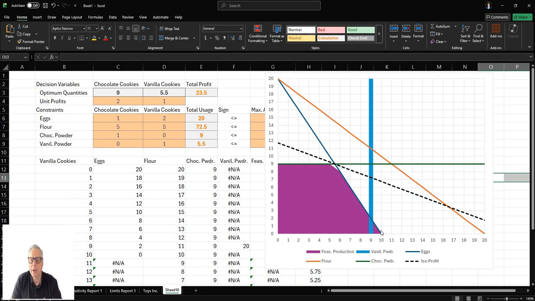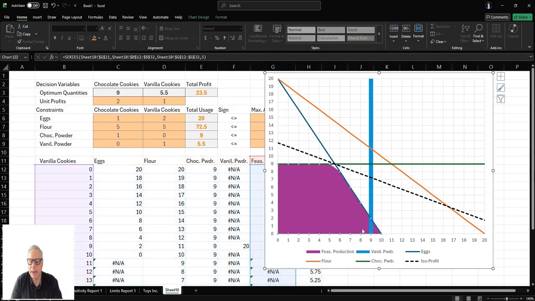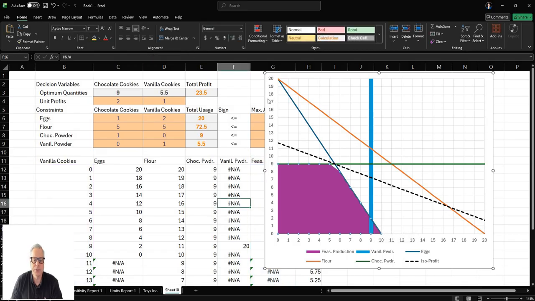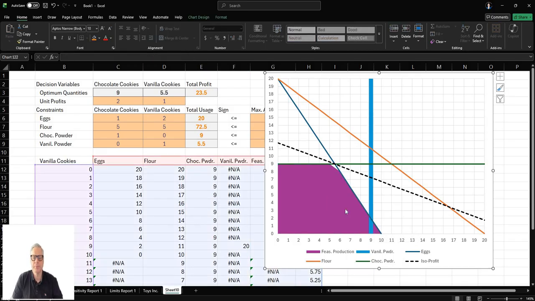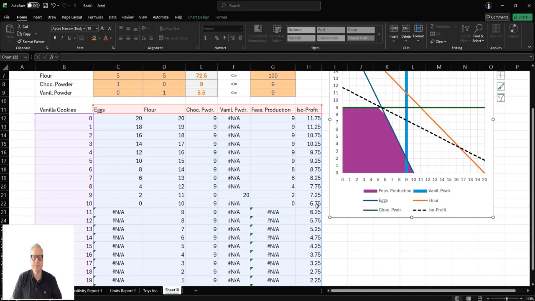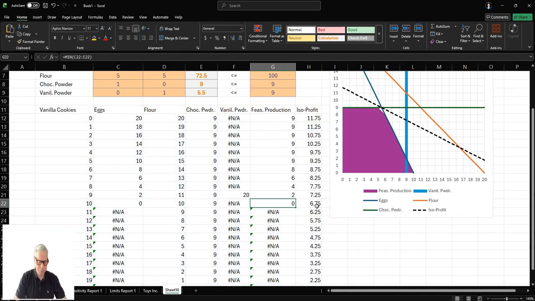Okay. Oh, and here the area of feasible production went beyond the 9, so that shouldn't be the case. So we can manually fix this here. So let's just put here an NA as well.